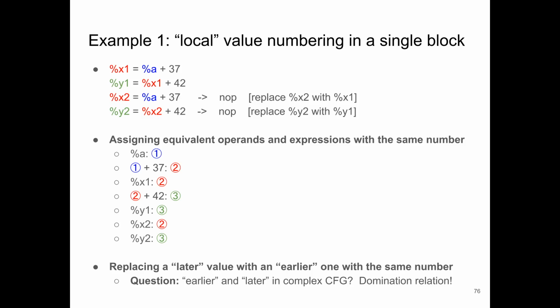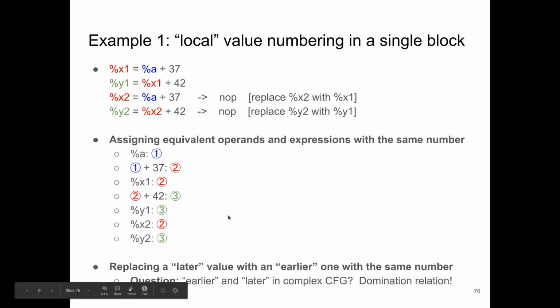Similarly, y1 and y2 have syntactically equivalent operations, and as a result, they should have the same number, for example, 3 in this case. Now, up to here, we analyzed this code, and after that, we are going to actually transform the given input program using these analysis results.